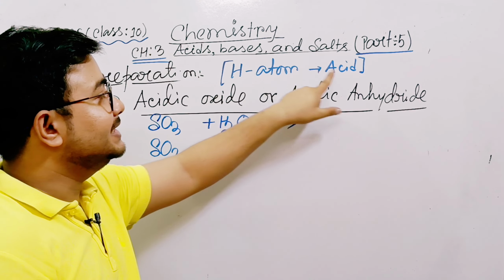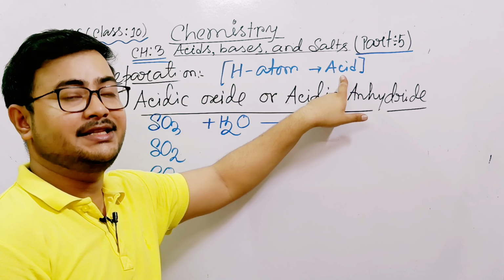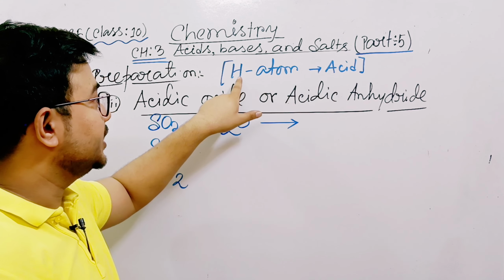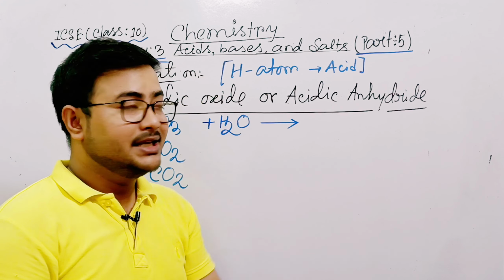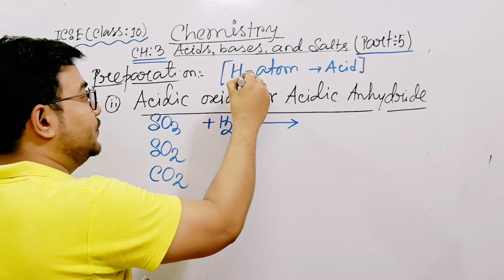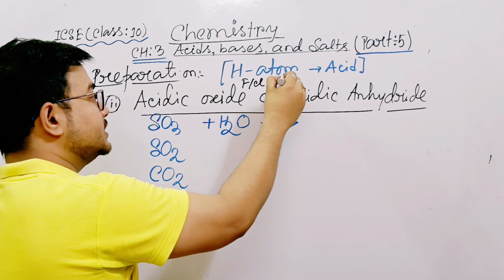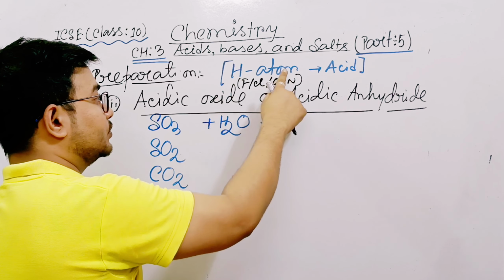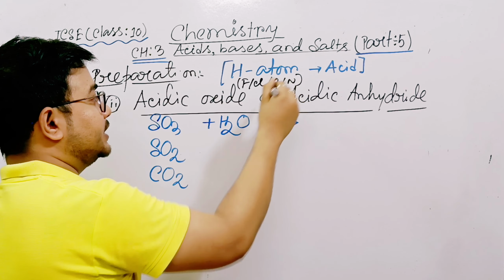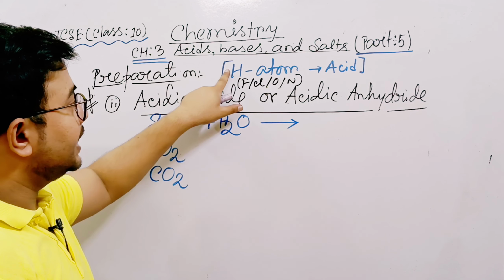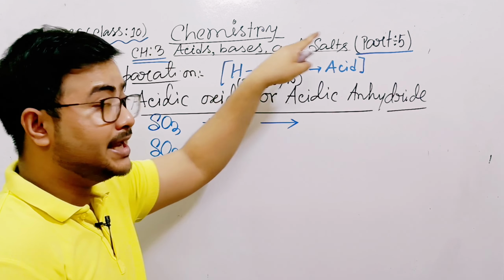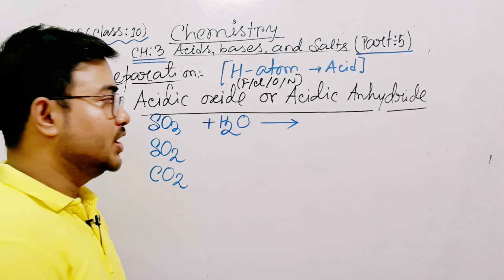Hydrogen atom indicates generally it is an acid, because whenever hydrogen is attached with electronegative elements like fluorine, chlorine, oxygen, nitrogen, these 4, then these are called acid.